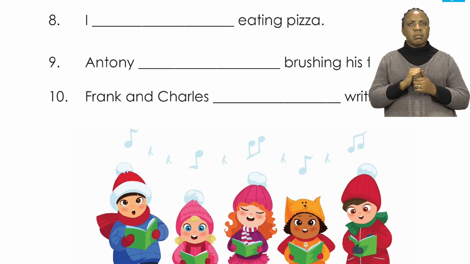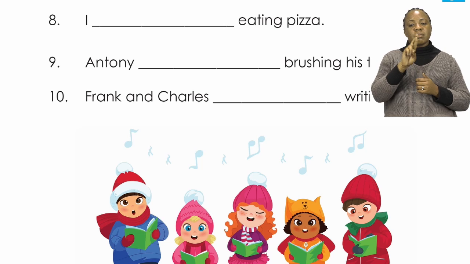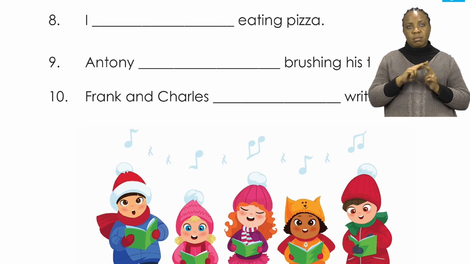If you said are writing, good job, well done! Now I know that you're listening to me. Remember, we said we use the word are when there are two or more people or animals.